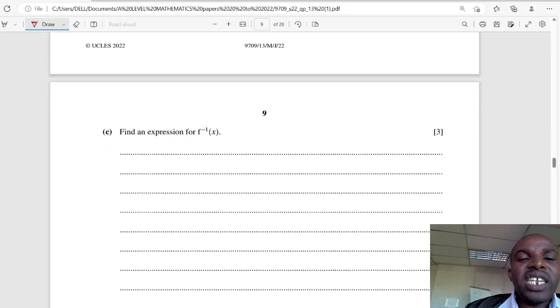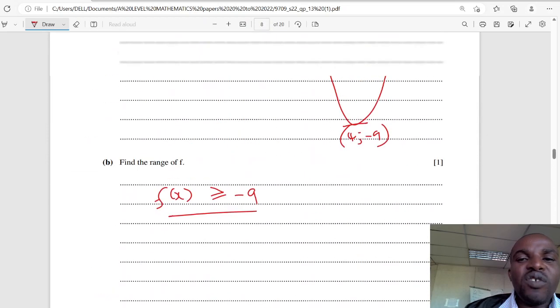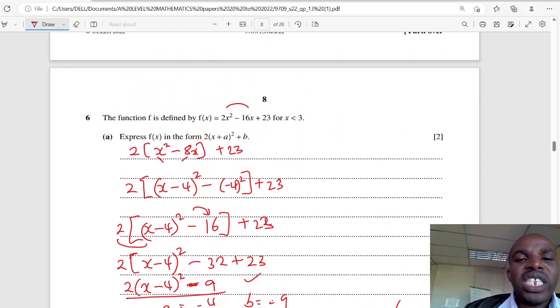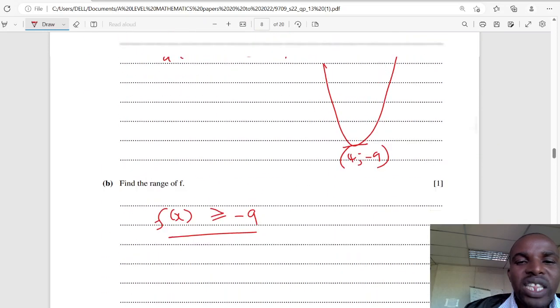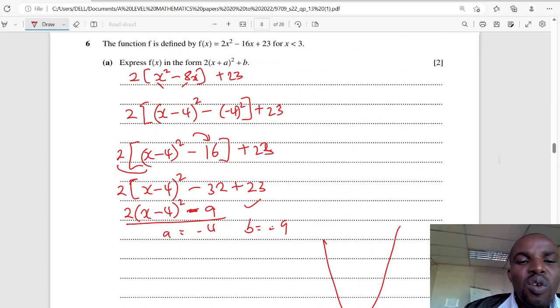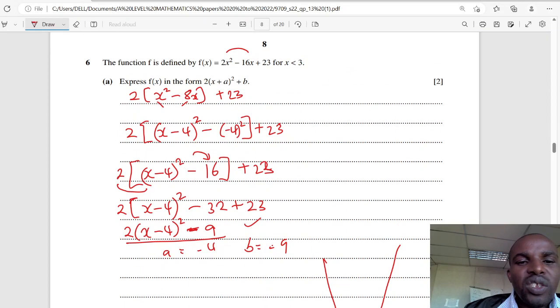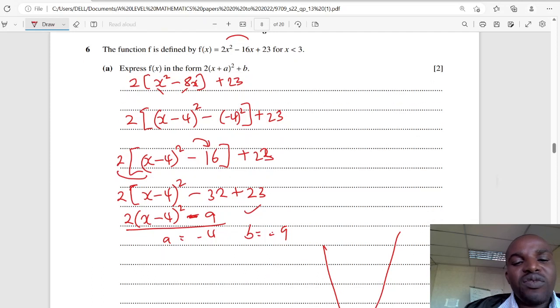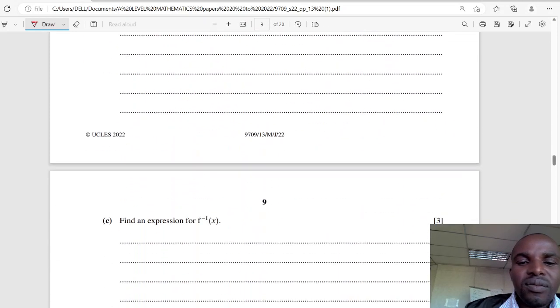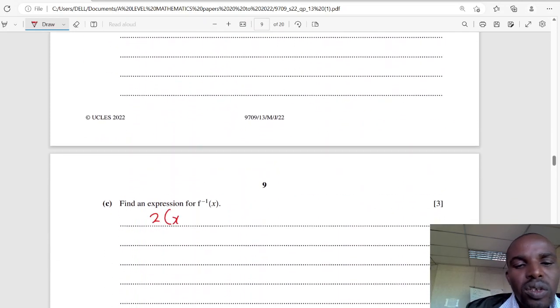Then next, find an expression for the inverse of f of x. The inverse now, what is our f of x in this case? Is this part. So you can just take the one that is the completed form, which is this one. So it will be 2, then x minus 4 squared minus 9.